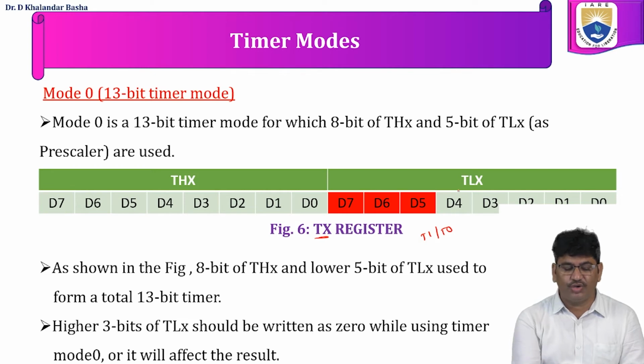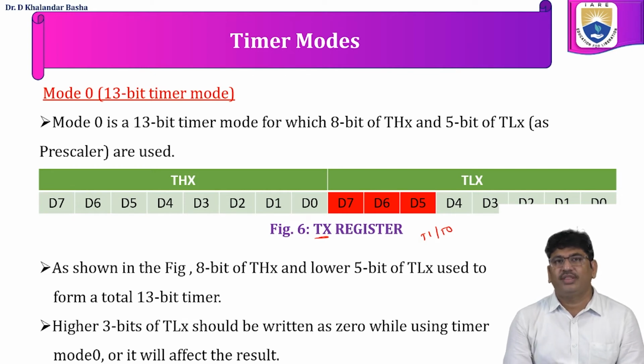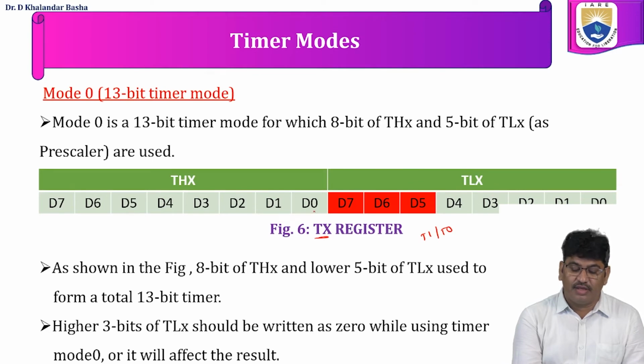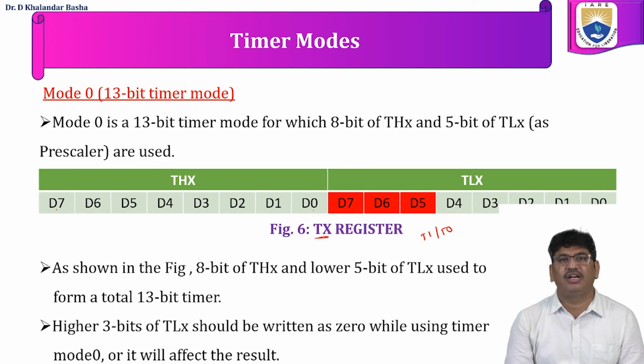For 13-bit application, TH0 or TH1 will be loaded with 8 bits, that is D0 to D7, whereas TLX, which is TL0 or TL1, will be loaded with only 5 bits.